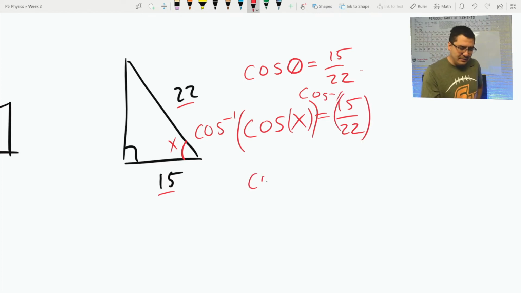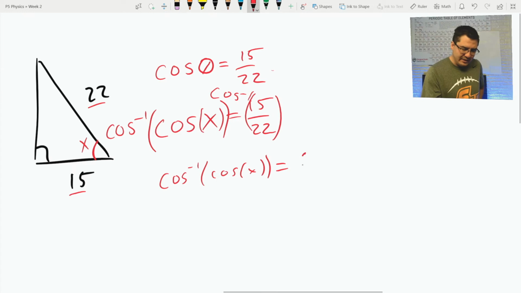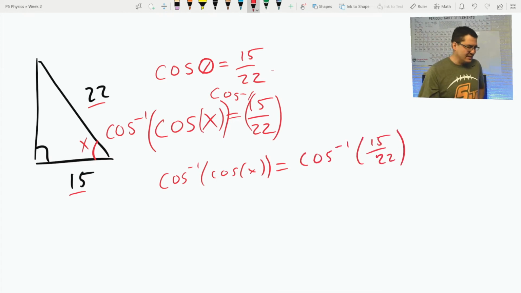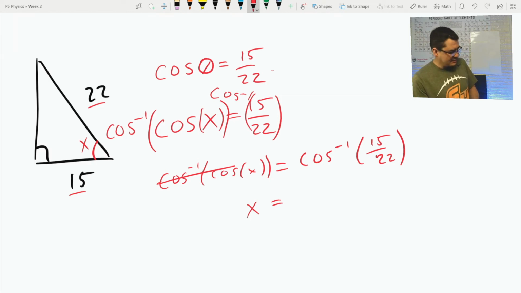So that's really sloppy, but I've got the inverse cosine of the cosine, and now I have the inverse cosine of 15 over 22. So here, those cancel. I get x equals the inverse cosine, hit the second key, I have a little shift key or second key. Inverse cosine of 15 over 22.